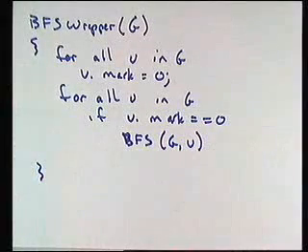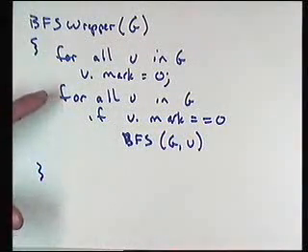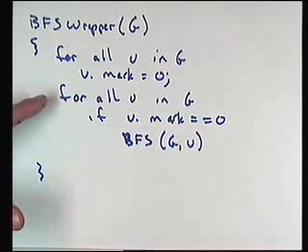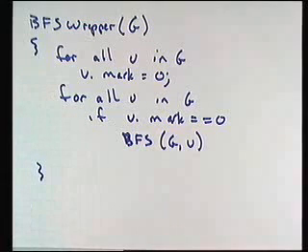What happens here is we initialize all the marks to 0, and then we say, now just traverse down the collection of vertices one by one, and for every vertex you encounter that is not marked, go ahead and call breadth first search on it.